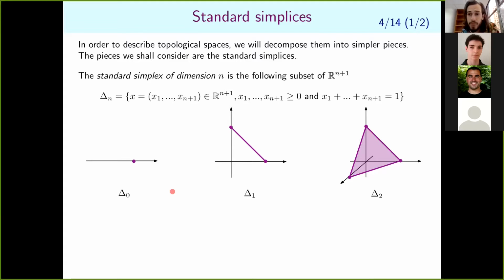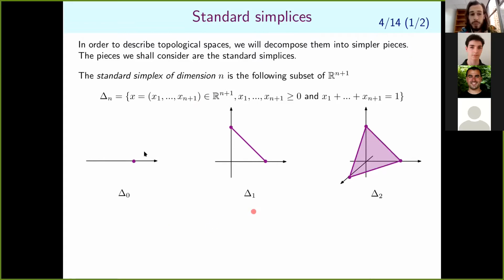Three examples. The first standard simplex, Delta 0, is a subset of R^(0+1), R^1, and it consists simply of one point, the point of coordinate 1.